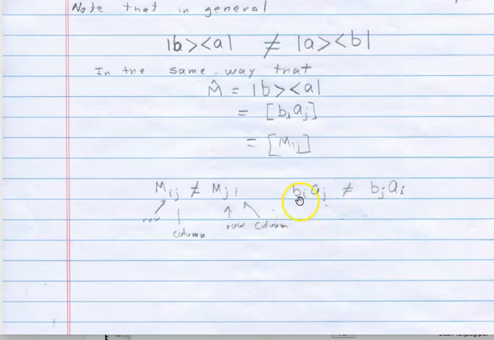For instance, if I was looking at the 3-2, J is 3 and I is 2, so B3 times A2. But over here, the roles are swapped, A3 times B2. So in general with matrices, you cannot interchange rows and columns, and that is reflected in this outer product.